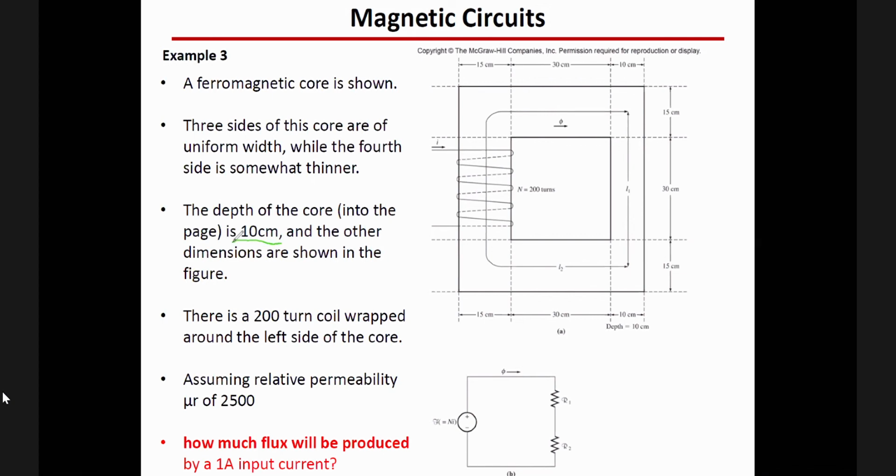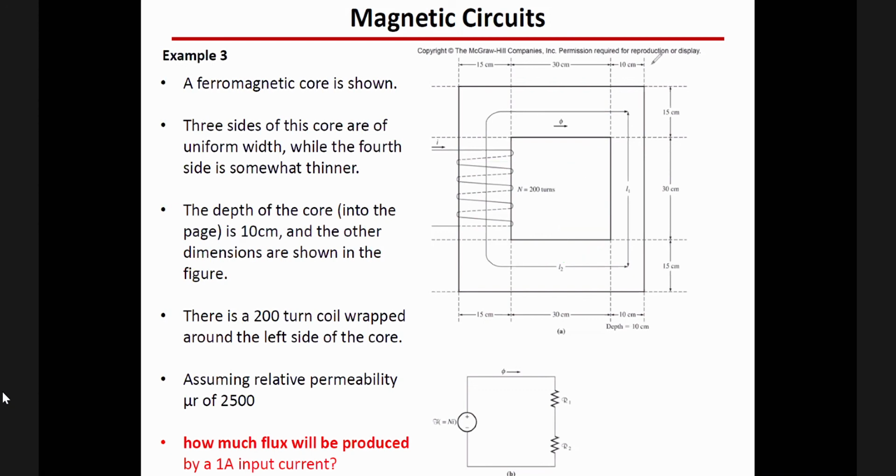The depth of the core is 10 centimeters. So what is the depth of the core? This is the dimension that you don't see, right? This is into the page. So the third dimension is basically 10 centimeters. Clear?